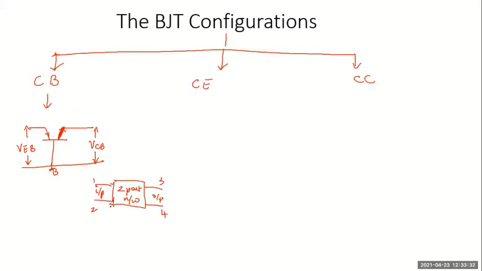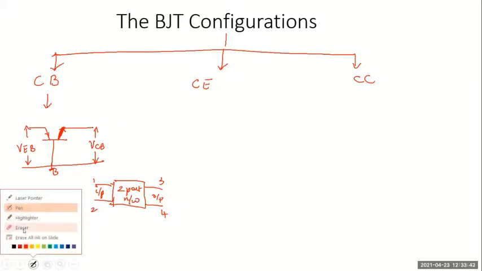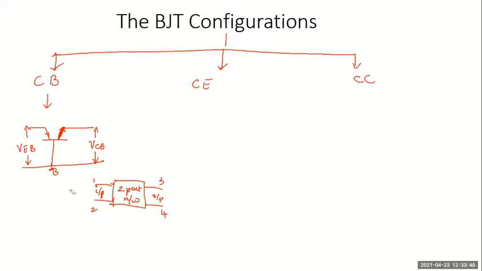So in order to cope for the 4th terminal, we always use one terminal as the common terminal. Please understand the reason why we should consider the configurations where one of the terminals will be common.